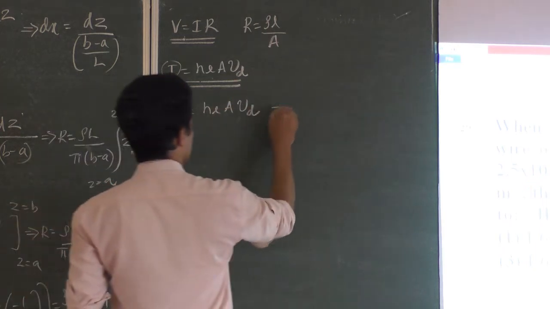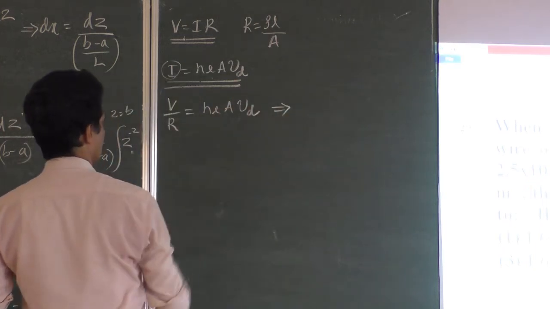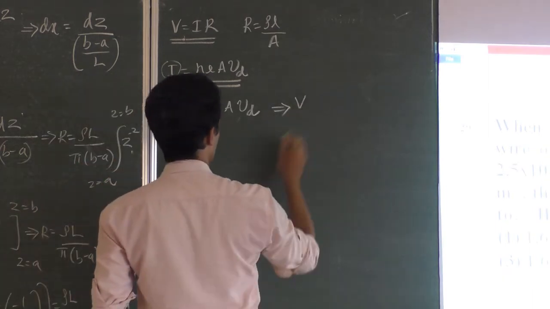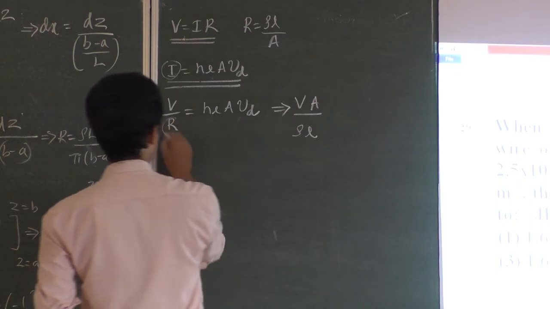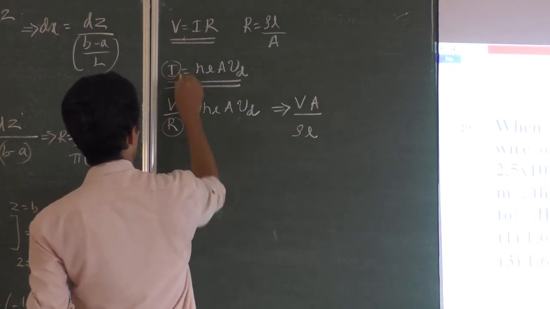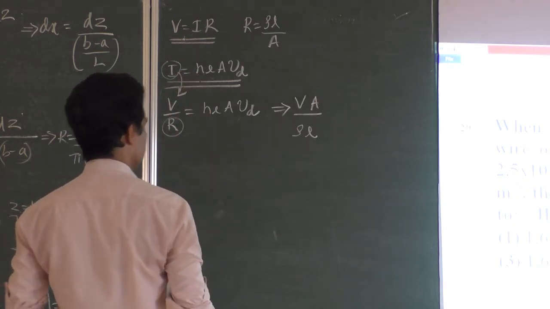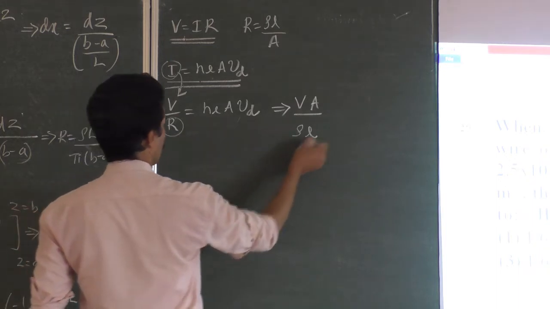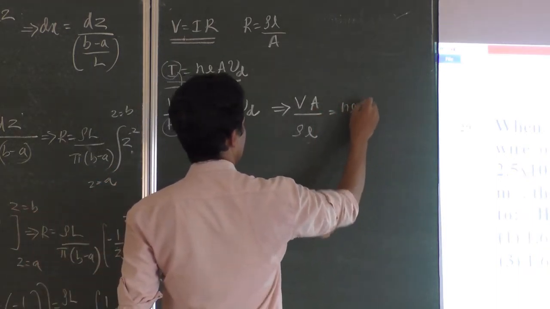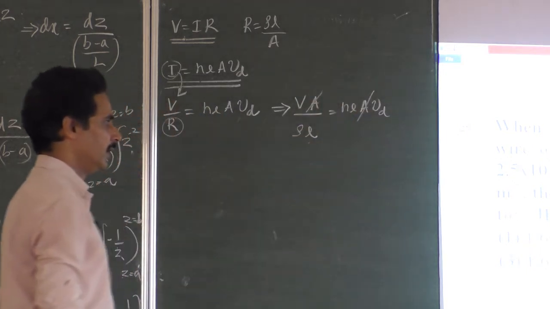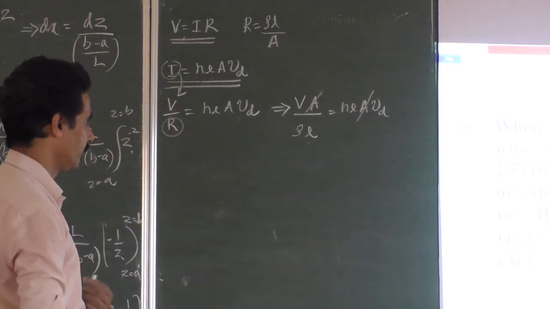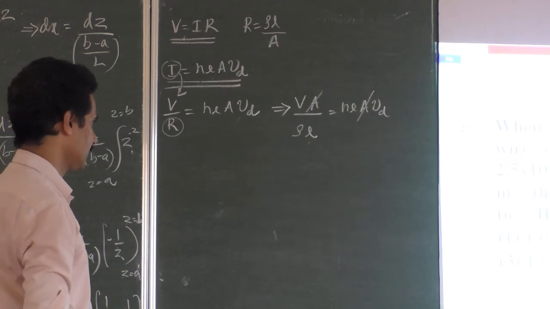Now R is equal to rho L by A, so V, the potential difference, by rho L by A. I have expanded I equal to V by R, and here I am expanding R as rho L by A, equal to NEAVD. You see, area gets cancelled. That was the problem just a few minutes back, what to do with the area. Area doesn't come into the picture here at all.